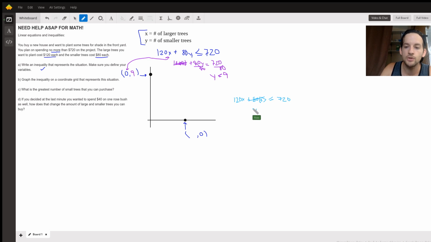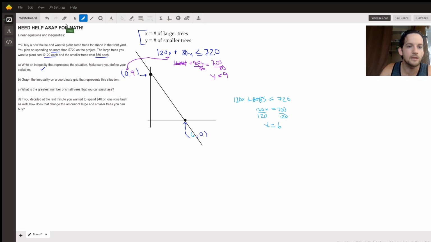So that's just 120x equals 720. And then divide by 120 on both sides, and you'll find that your x-intercept is going to be at x equals 6. So we found those 2 points, because to draw a line, all you need is 2 points. So I'm going to go ahead and try to do that here, if it doesn't give me too much trouble.